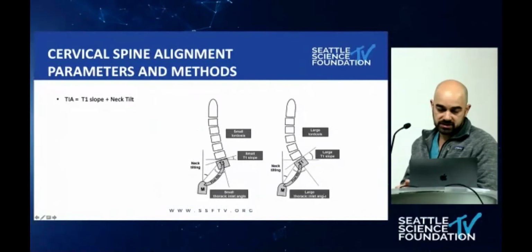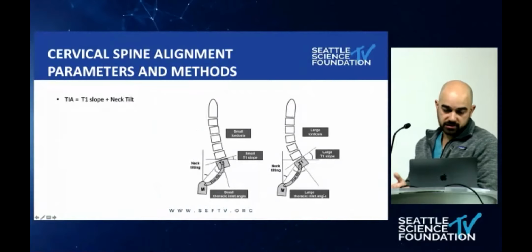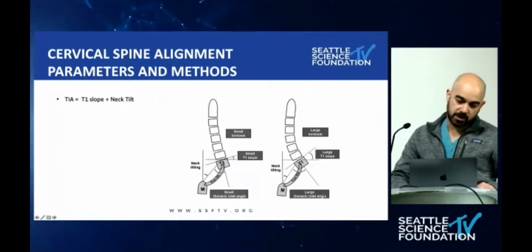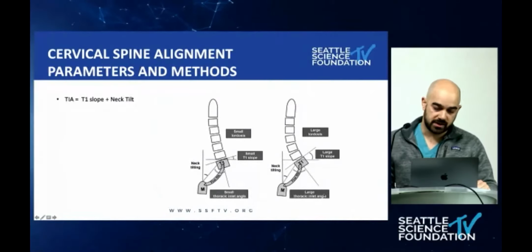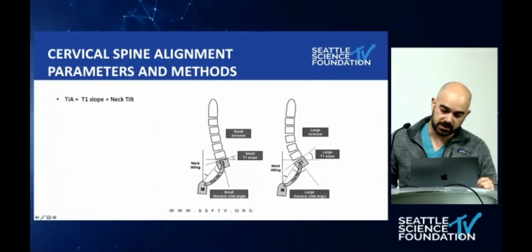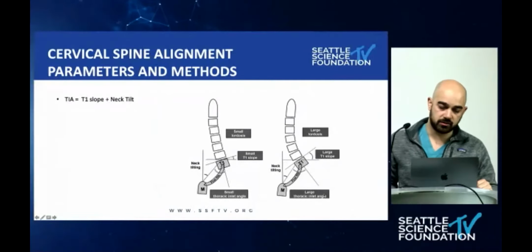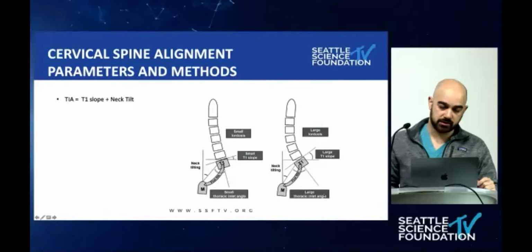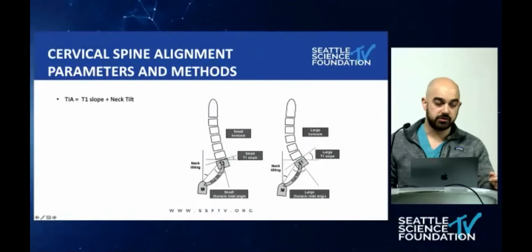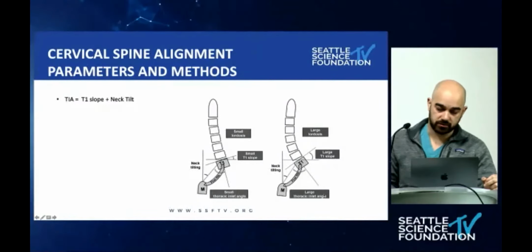In terms of sagittal parameters, these are very well defined and everyone's familiar with them in the lumbar spine, including the pelvic incidence, pelvic tilt, and sacral slope. Similar parameters have been defined in the cervical spine, and these include the thoracic inlet angle, T1 slope, and neck tilt. For the thoracic inlet angle, you draw a line from the manubrium to the middle of the superior end plate of T1, and another line perpendicular to the upper end plate of T1, and that is your thoracic inlet angle.